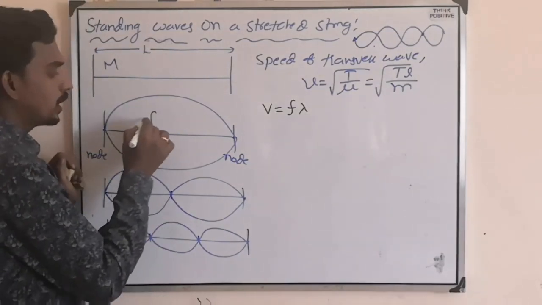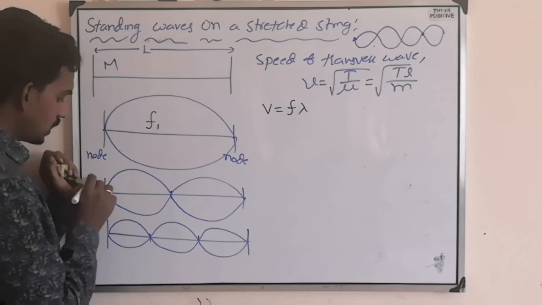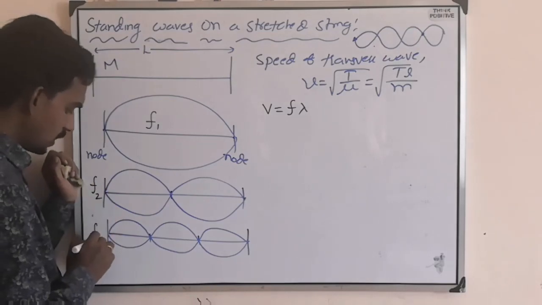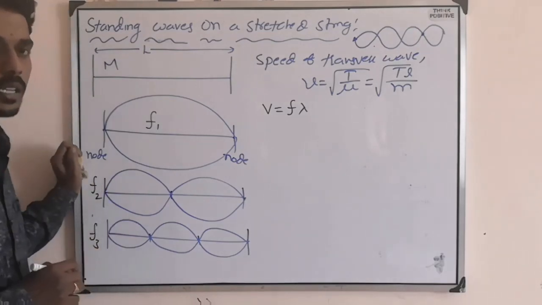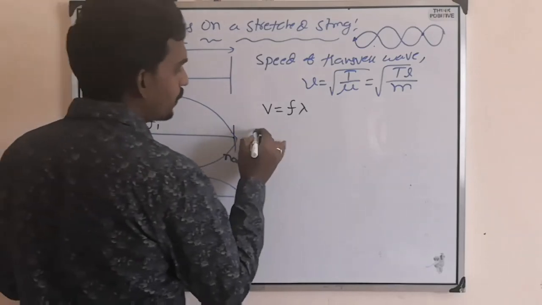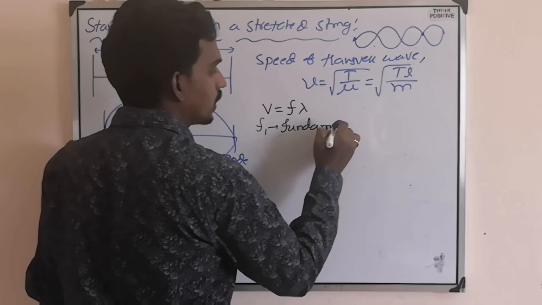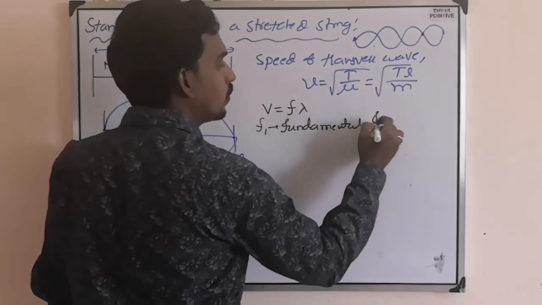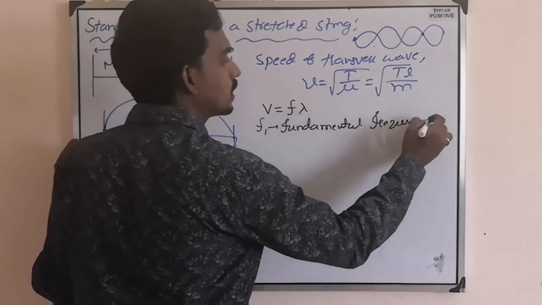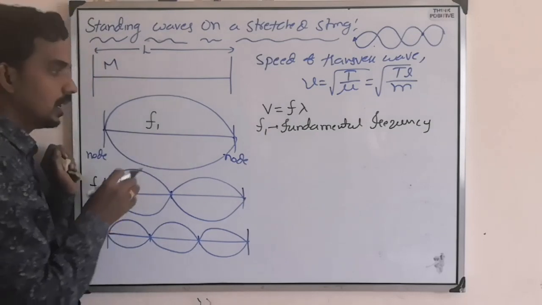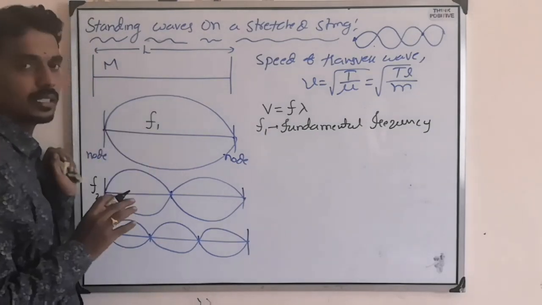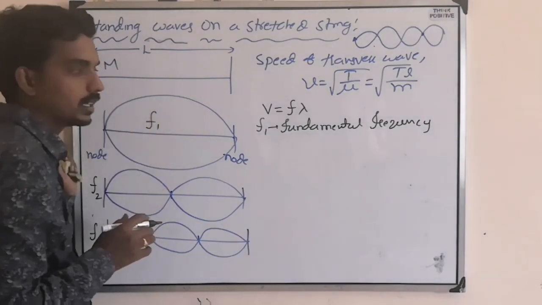So in this case frequency f1, in this case frequency f2, in this case frequency f3. And this f1 we call the fundamental frequency, the basic fundamental frequency, the minimum possible frequency.